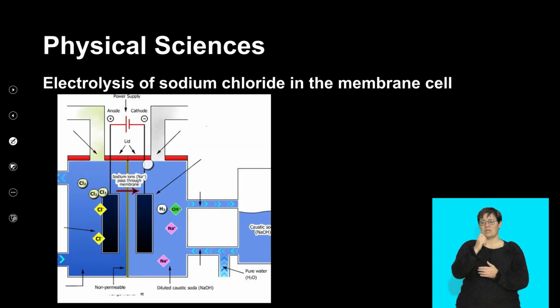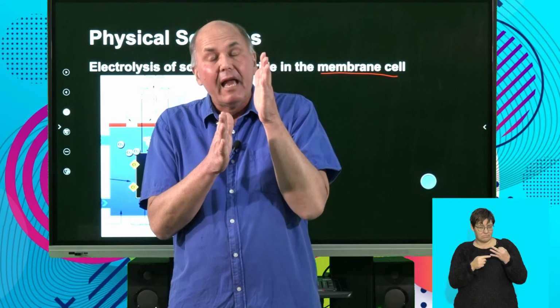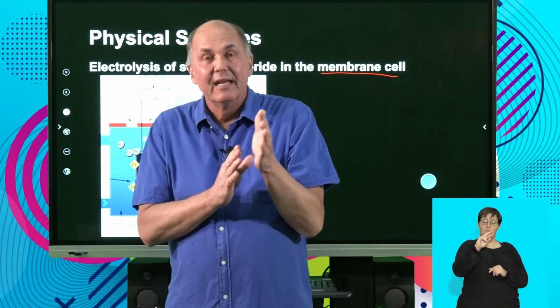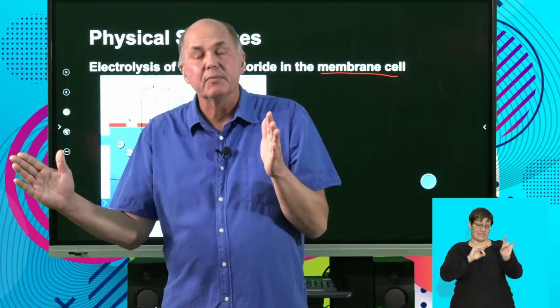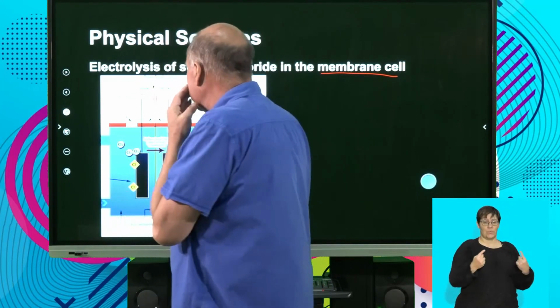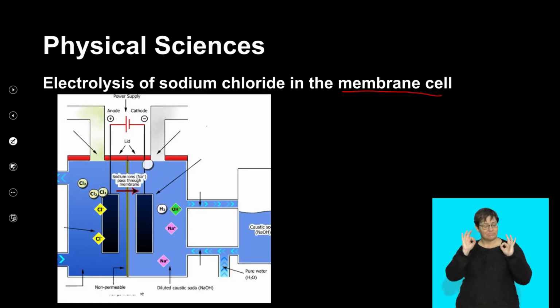Now, the most efficient cell is the one that is called the membrane cell. And this uses new technology of being able to have membranes that are semi-selective. In other words, they allow certain ions to pass through, but they don't allow other ions to come through. And that's exactly what happens here. So into the cell, we get a high concentration of brine.